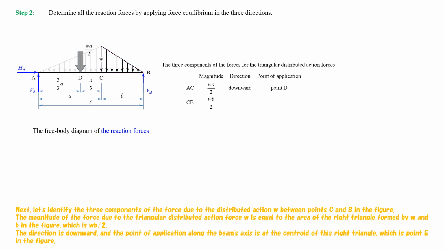The direction is downward, and the point of application along the beam's axis is at the centroid of this right triangle, which is point E in the figure.